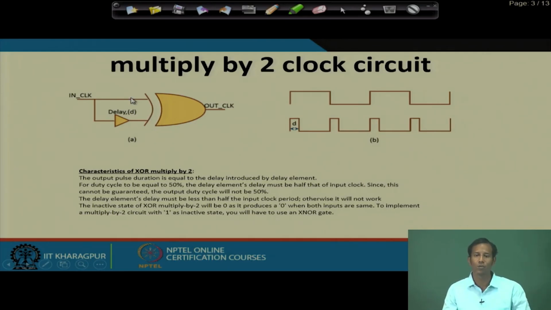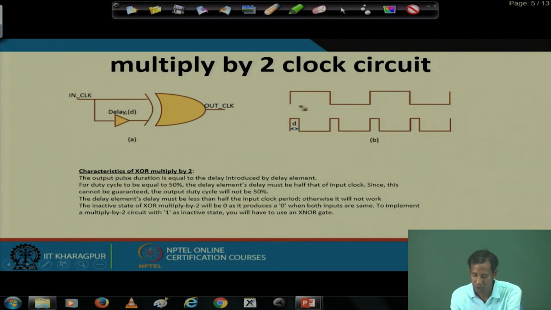In one input we pass the input clock, and in the other input we pass the clock through a buffer. Whenever we use this circuit topology, the delay we use here matters.